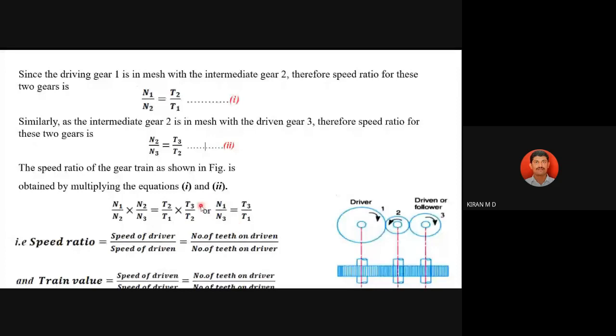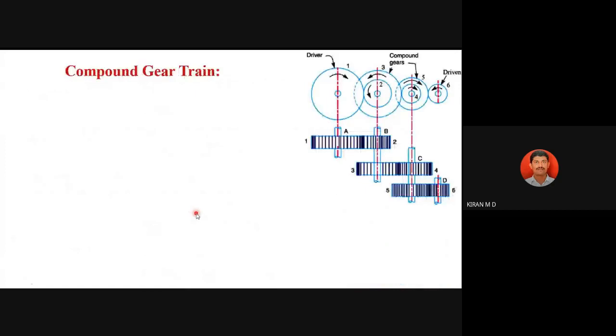Okay, so compound gear train. So this is the compound gear train. We know that in a compound gear train, the intermediate shaft consists of two gears, or two gears are mounted on a single shaft. You can see here, this is the driver and gear number 6 is the driven.